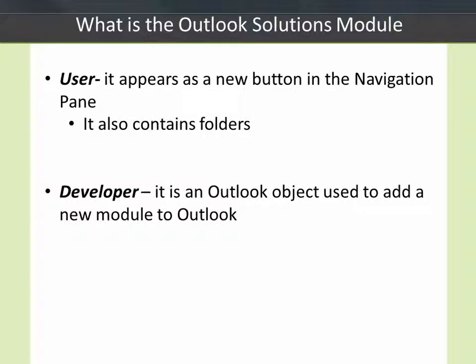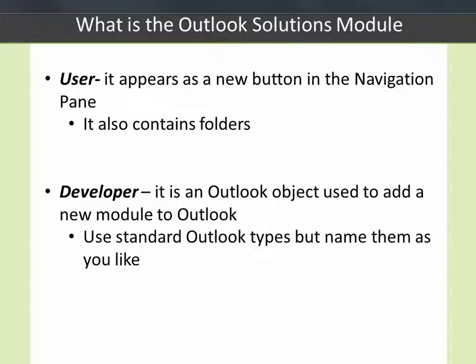Now for the developer, an Outlook solution, or the Solutions module, is an object used to add a new solution module to Outlook. Using that object, you can then create folders, and those folders are all based upon standard Outlook types. We still don't have the capability to create our own data type and load that in as a folder type.